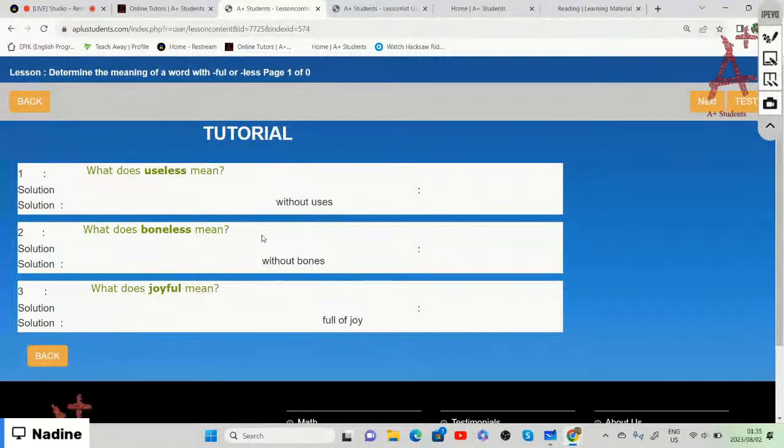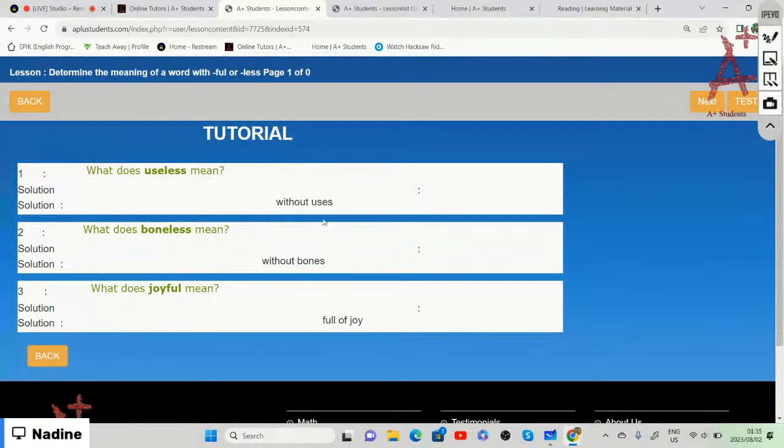All right. So before we go to, they're only giving us sentences, right? What does useless mean? It's not a sentence, it's a question, right? So useless. If something is useless, then it means it is without uses, right?